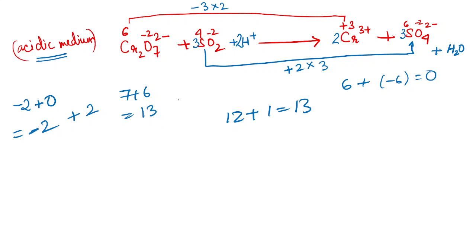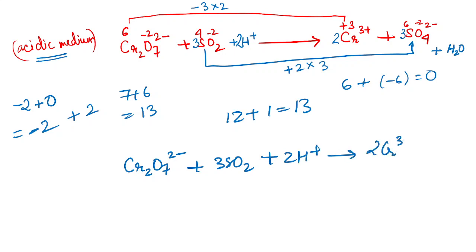So in total you have 13 oxygens, and this is your final balanced reaction, which is Cr2O7 2 negative plus 3 SO2 plus 2H positive, changing to 2Cr3 positive plus 3SO4 2 negative, plus H2O. This is a complete balanced reaction.